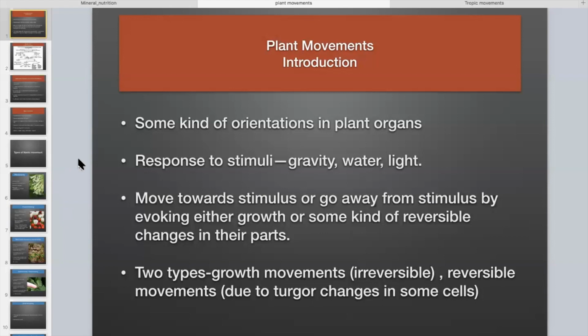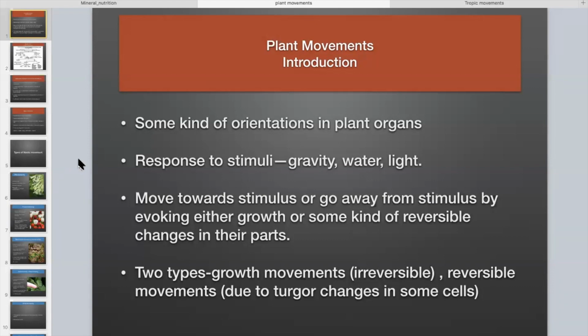Now, there are some stimuli. What do we mean by stimulus? It may be gravity, light, or water. Different kinds of stimuli are present in nature. It may be an electric shock, wind, or touch. Due to these, the plants respond. The response to the stimulus is nothing but plant movement.